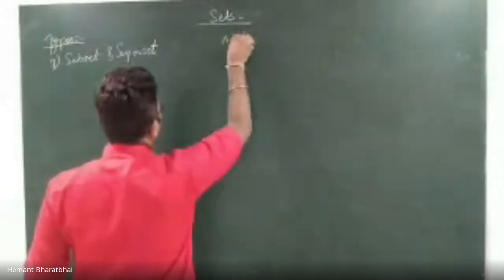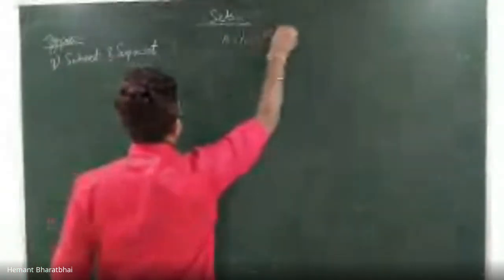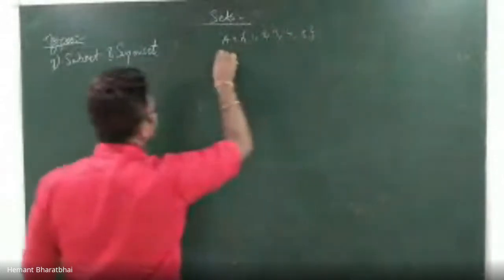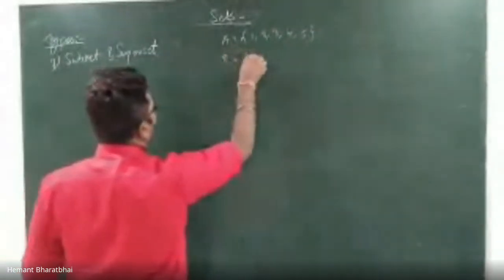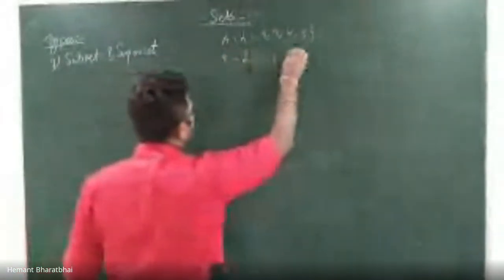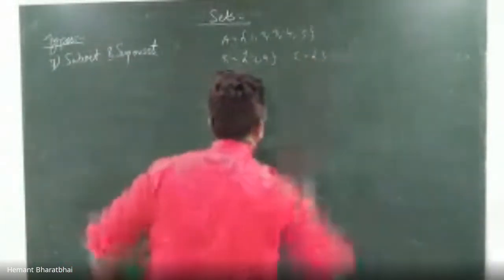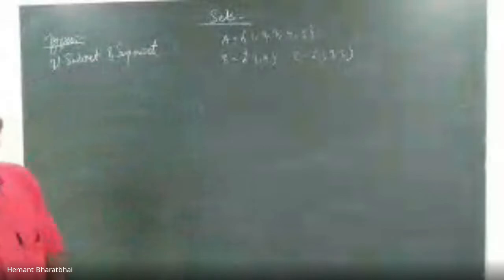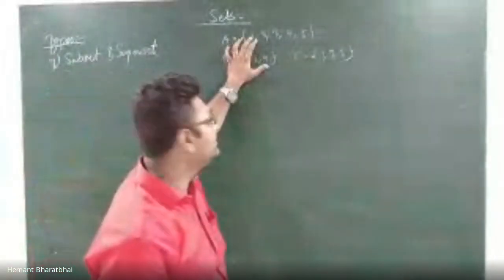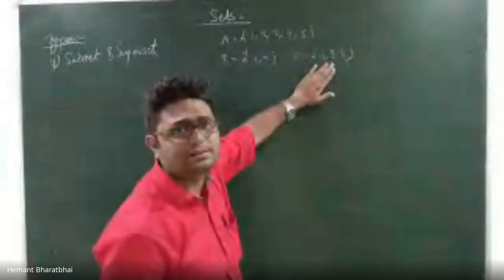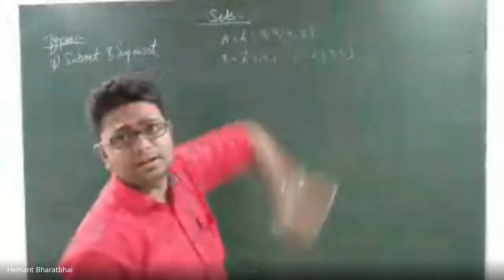Writing there is a set A 1, 2, 3, 4, 5. There is a set B 2, 4. There is a set C having elements 1, 3, and 5. Okay. So if you see, all the elements of set B are present in set A. Similarly, all the elements of set C are also present in set A.